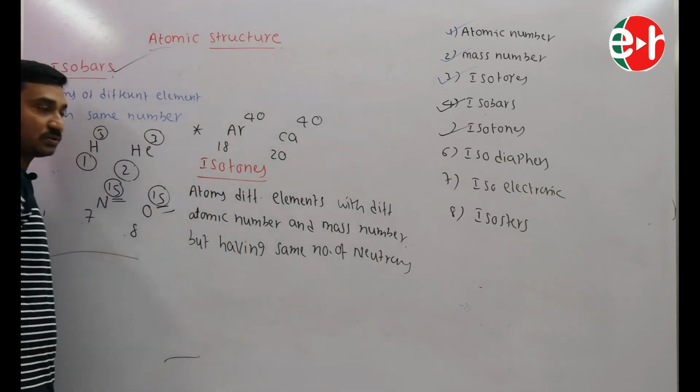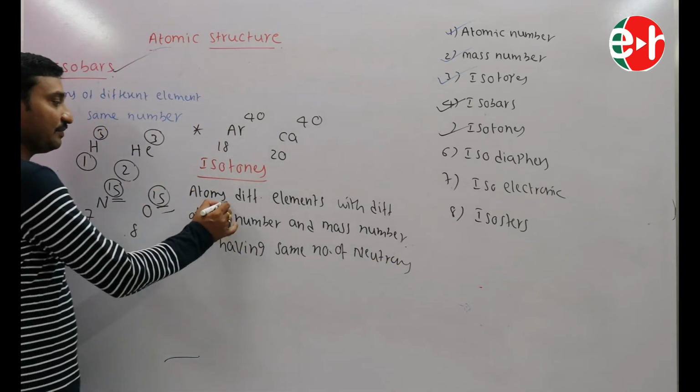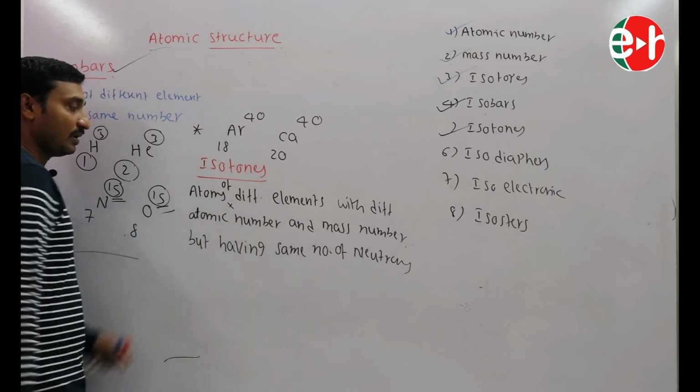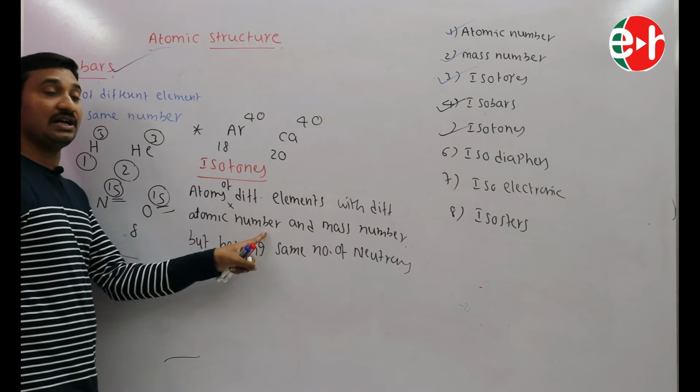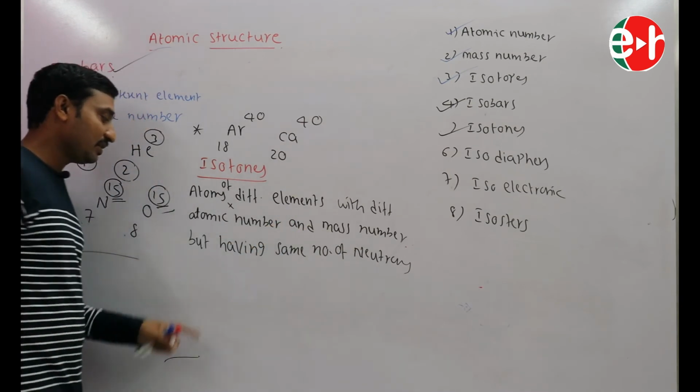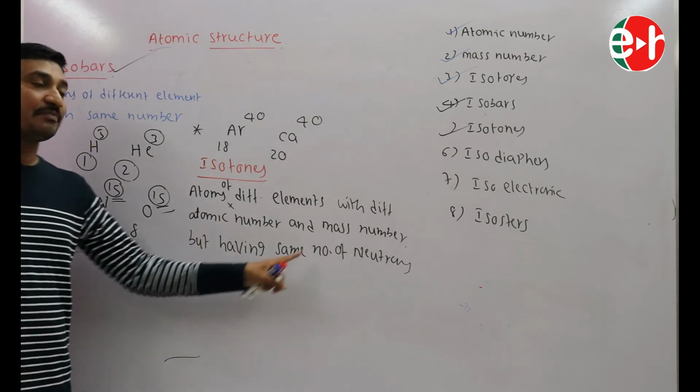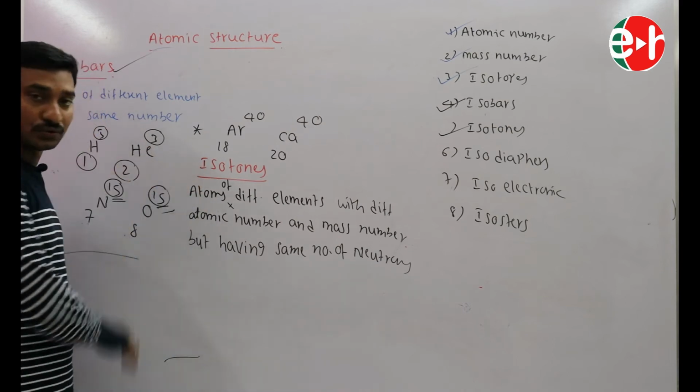This is isotones: atoms of different elements with different atomic number and mass number, but having same number of neutrons, called isotones.